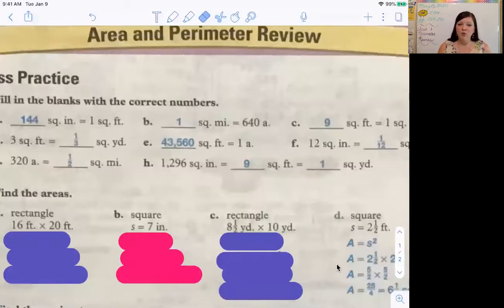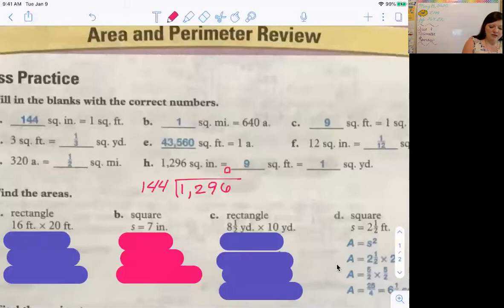Remember, 144 is our special number for that. Inch to foot, we will be dividing by 144. 1,296 divided by 144 would give us 9. And 9 is exactly what we have right there.